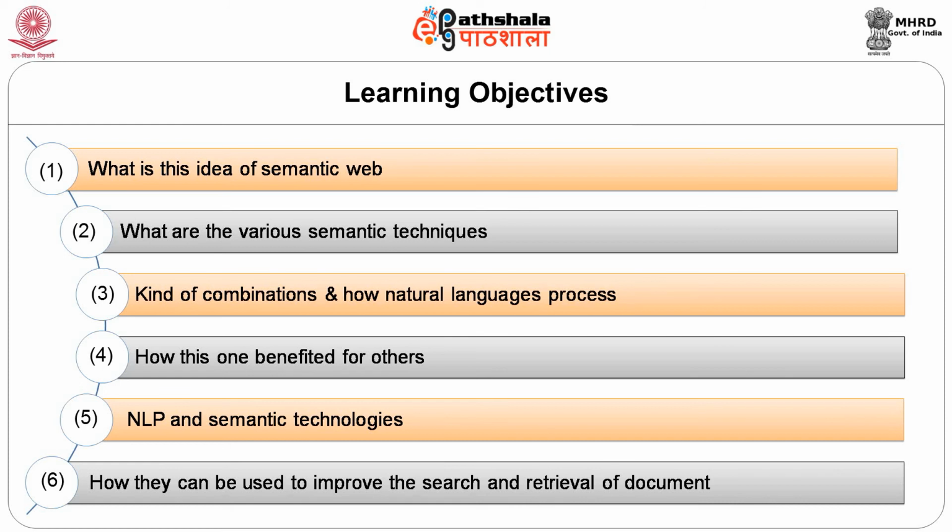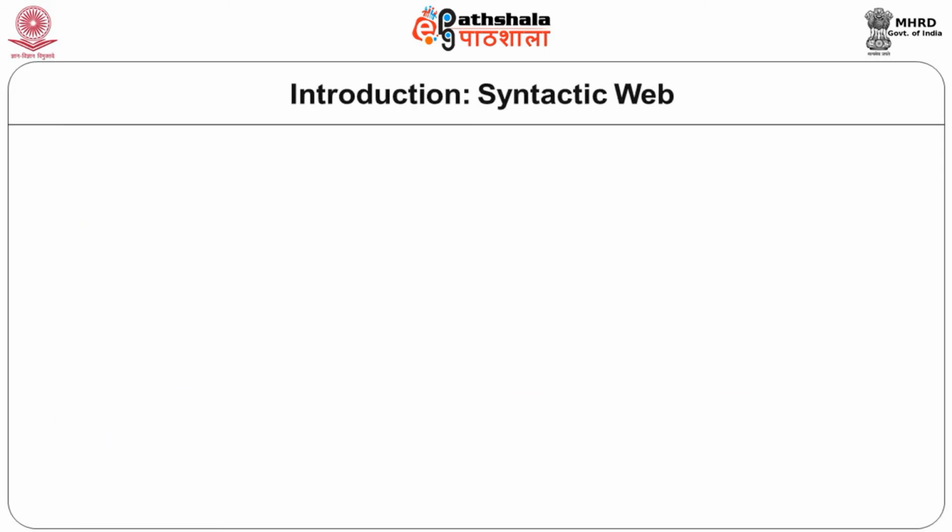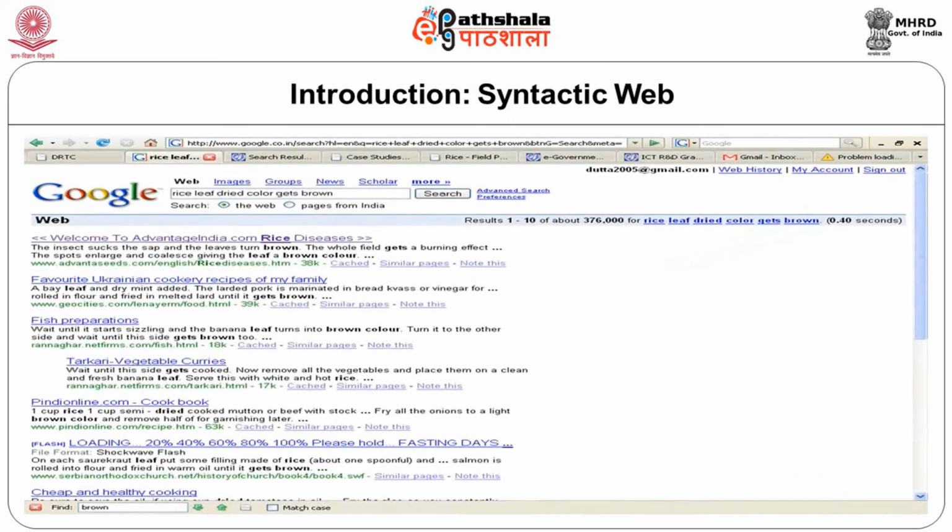Before we start discussing semantic web techniques and technologies, let us have a look at our current web, what we use in our day-to-day life. I am sure that most of you are familiar with Google, and possibly most of you use the Google search engine.